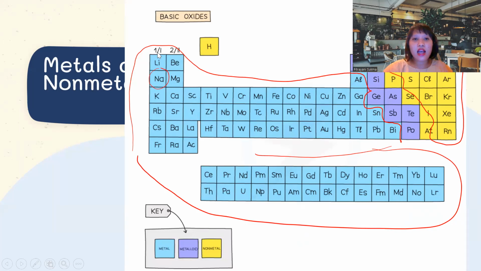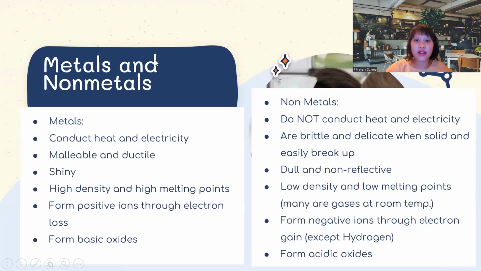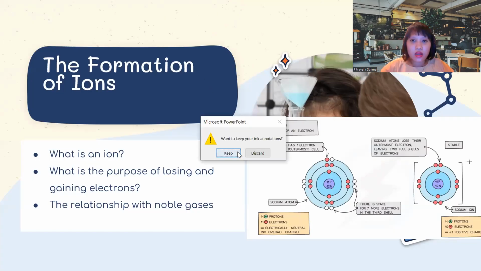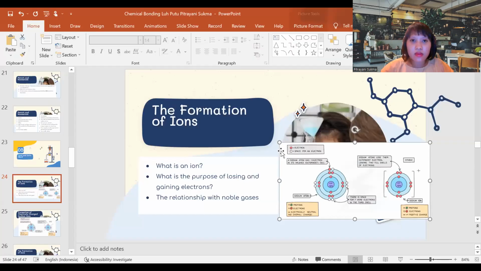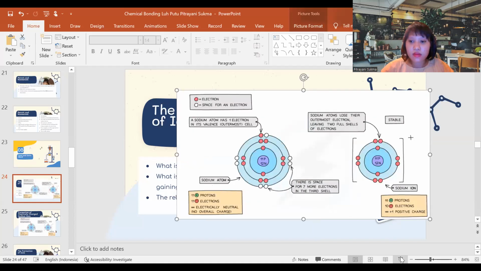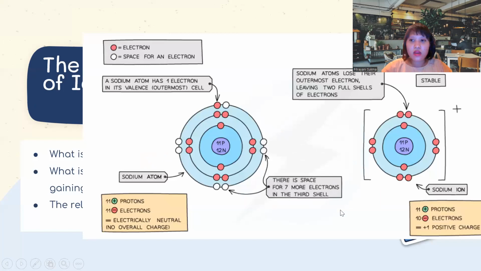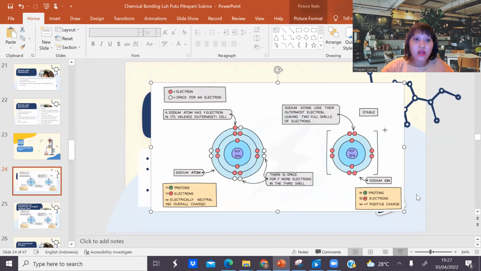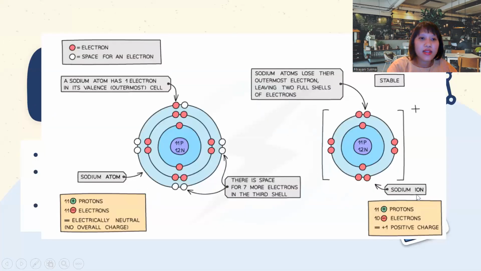So sodium is an atom that contains one electron in the last shell, the outermost shell or valence shell. Okay, so sodium has one electron in its valence or outermost shell.